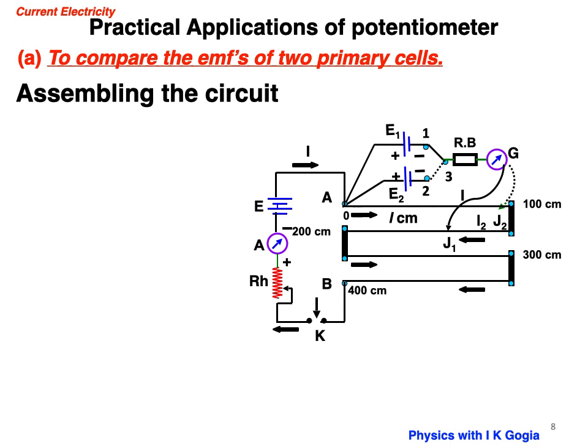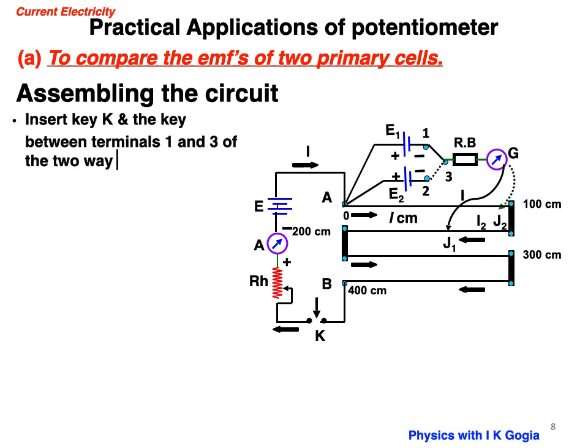Terminals we are naming as 1, 2 and 3. Insert the key K, main circuit key, so that the current begins to flow, and the key between terminals 1 and 3. This brings cell E1 in the circuit.